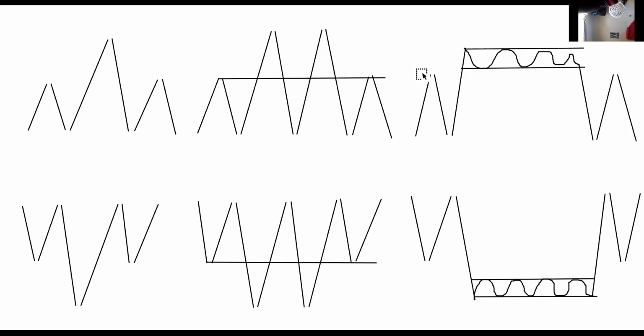Yes. You just probably didn't recognize it was a head and shoulder pattern, but you've traded it before. Which one was that?